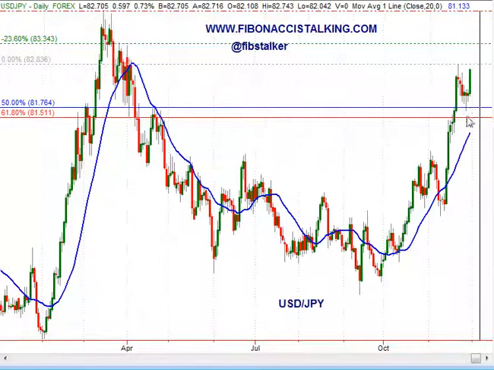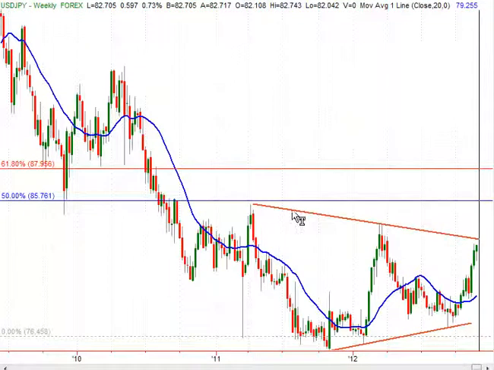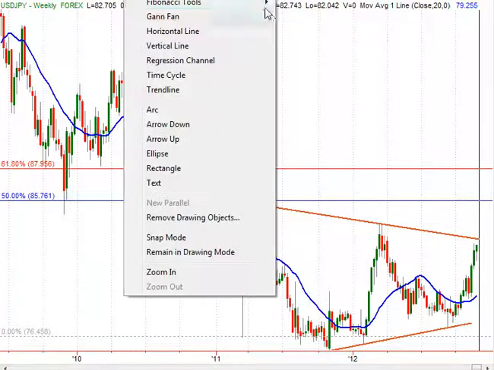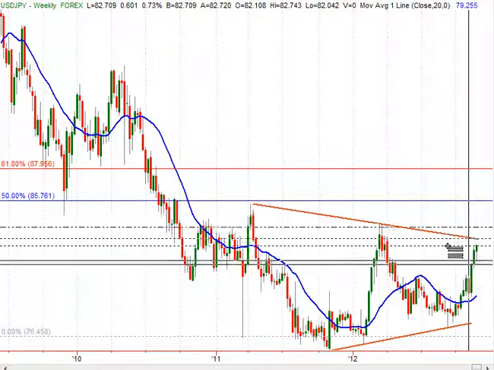But this pair is actually behaving as expected. I want to remind you that in this pair we have resistance in the 85.76. So I would be very careful at the moment. This pair is trading in extensions, so the setup I've showed you on the daily is actually this one.